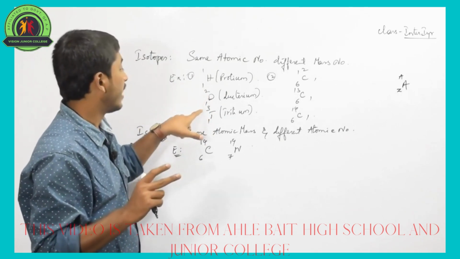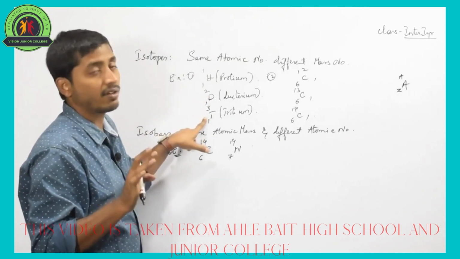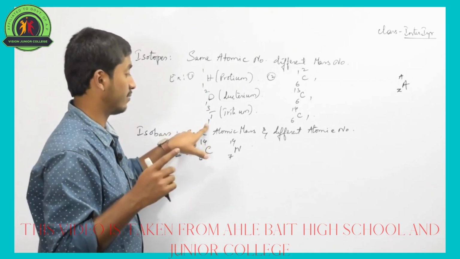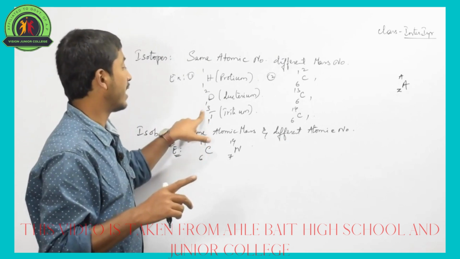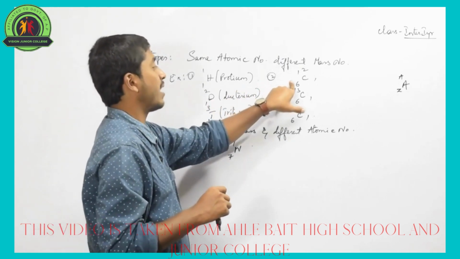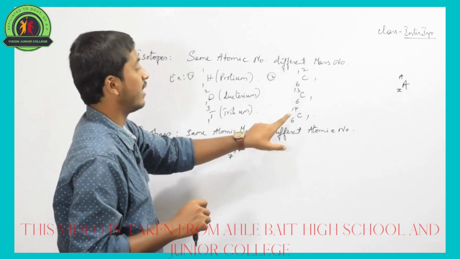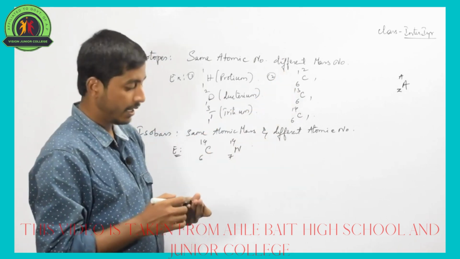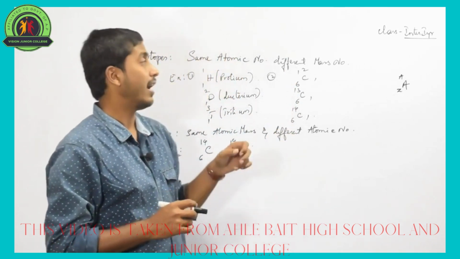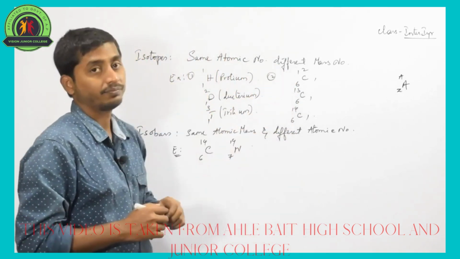And tritium is also one of the isotopes of hydrogen, whose atomic number is 1 and mass number is 3. One more example is carbon-12, carbon-13 and carbon-14. These three atoms have the same atomic number, that is 6, and different mass numbers.